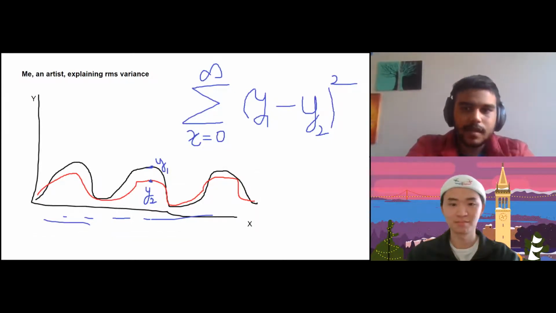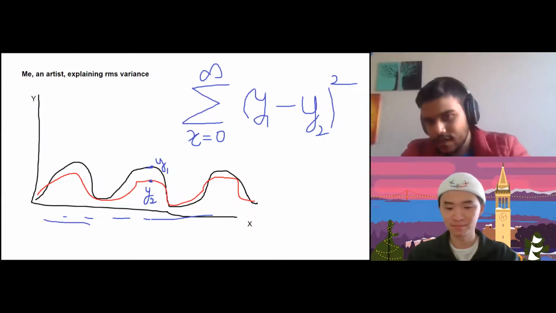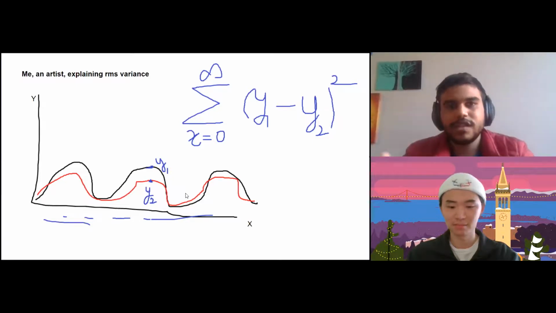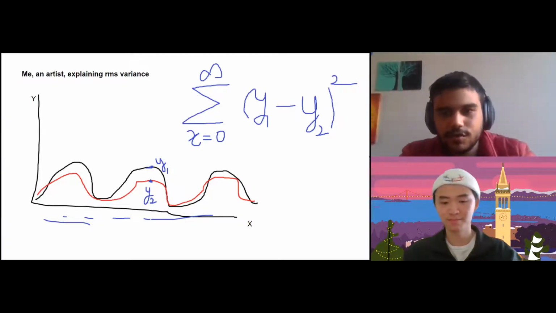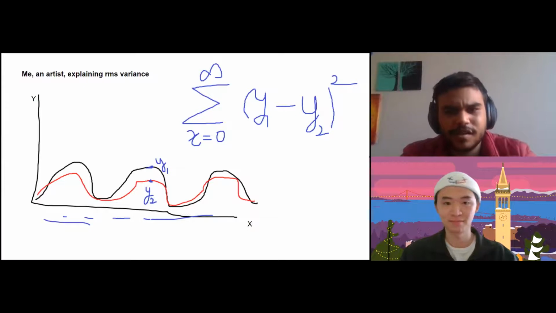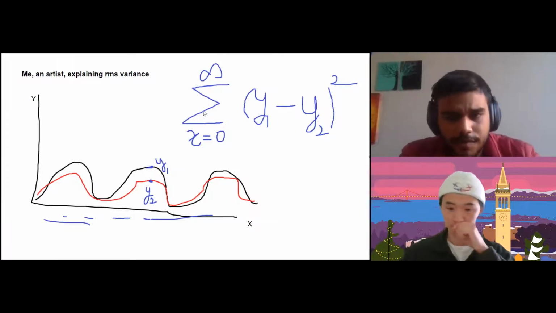We subtract them, and then we square them because we don't want any annoying negative signs. We add them up for all values of x, and we get one number, which I shall call the variance, although usually there is a division factor here, which we did not include.